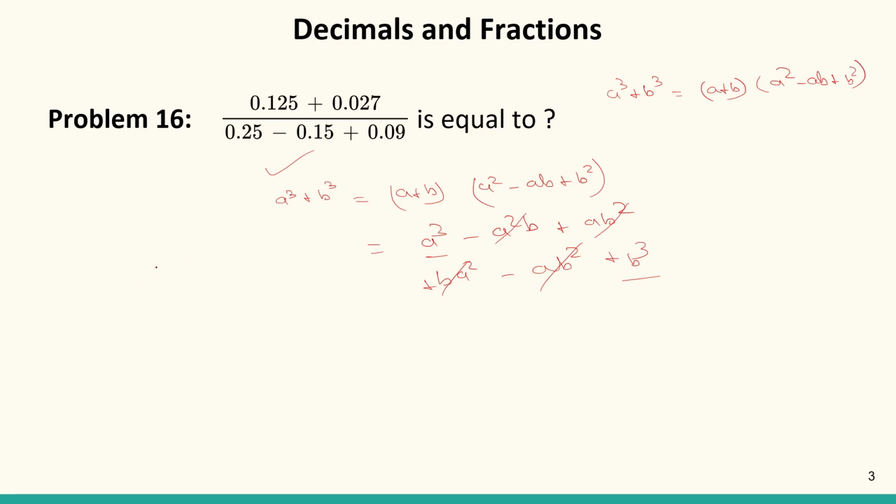So here you can see that 0.125 is nothing but 0.5 whole cube, right? 0.5 whole square is equal to 0.25, and multiply this with 0.5.